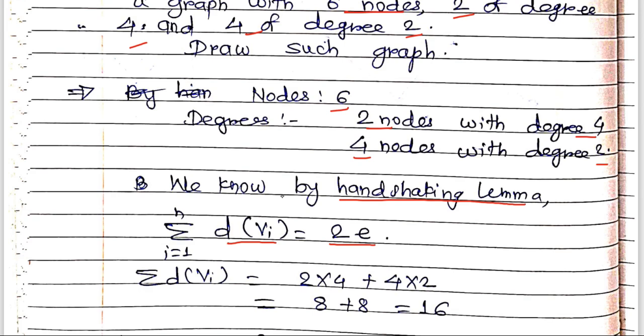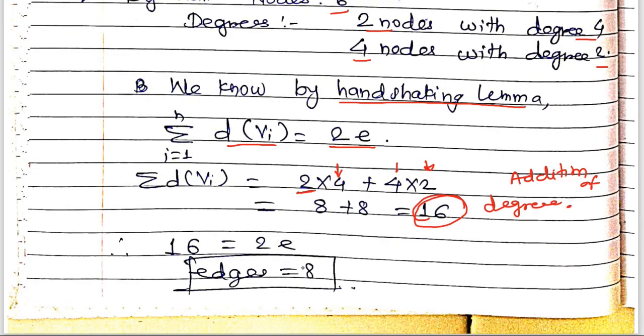There are 2 vertices with degree 4, so 2 into 4, plus 4 vertices with degree 2, so 4 into 2, that is 8 plus 8, that is 16, the summation of the degrees of all vertices. So 16 is equal to twice the number of edges.